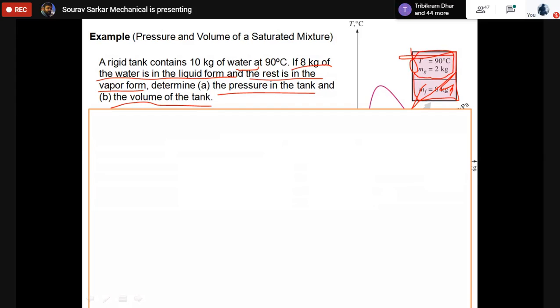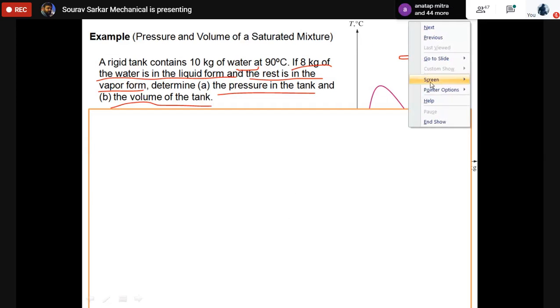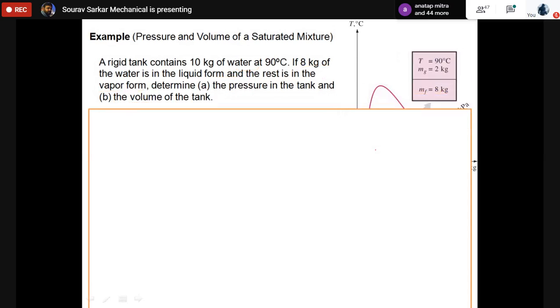Now they are asking what is the total volume of this tank. How to solve this problem? What is the value of x here? 1 by 5. Okay, fine. So basically 0.2.